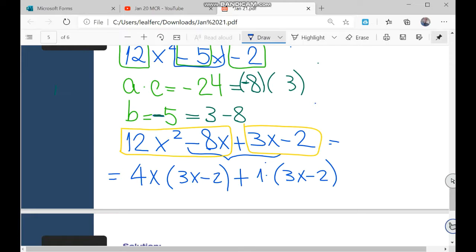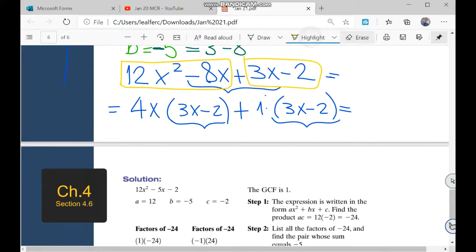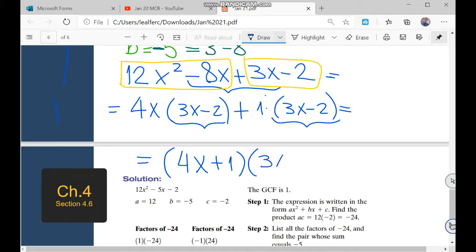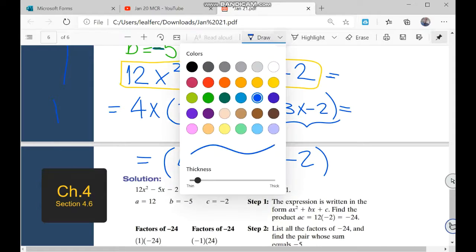And the result here, we have the same binomial, right? We can factor out this binomial, and then we have, as a result, 4x plus 1 times 3x minus 2. This is going to be the right answer.